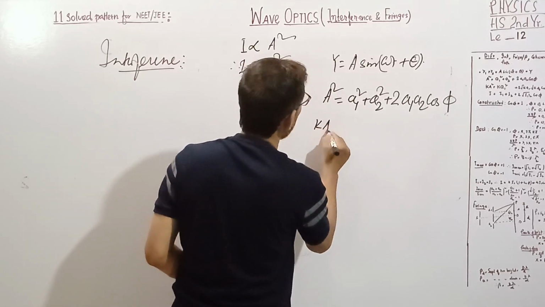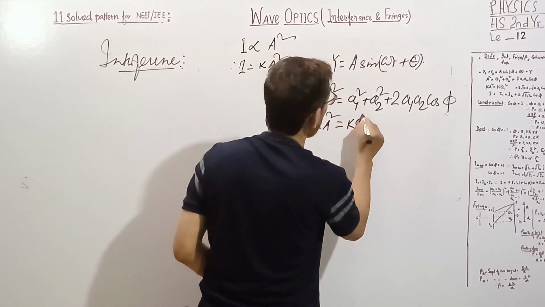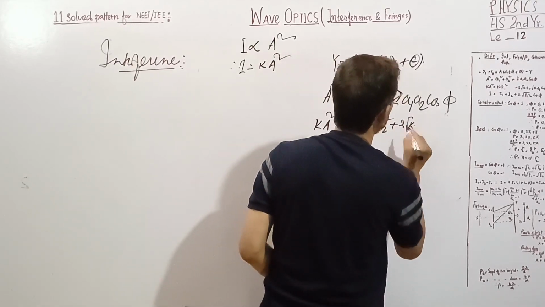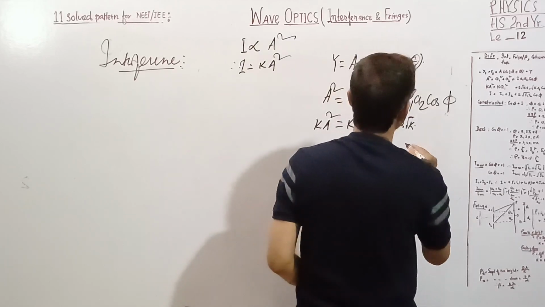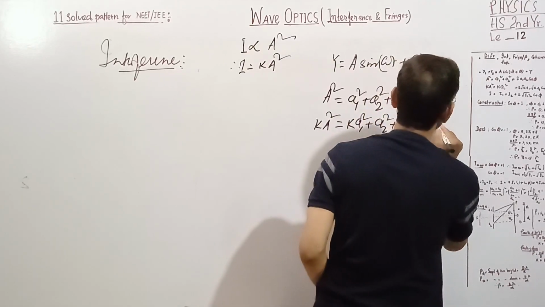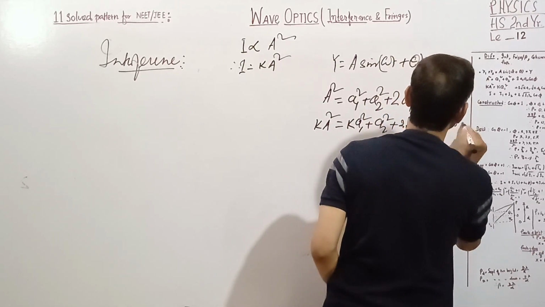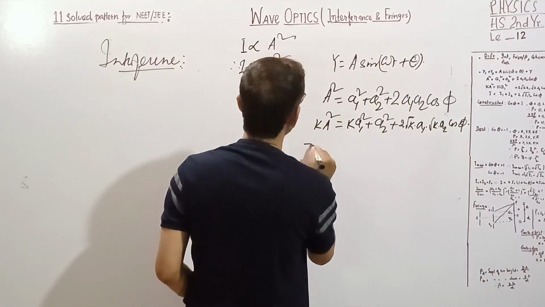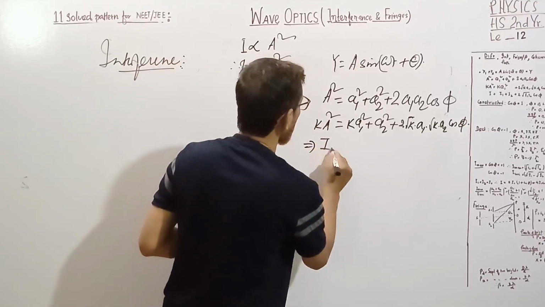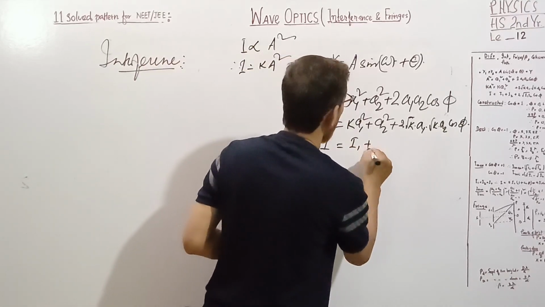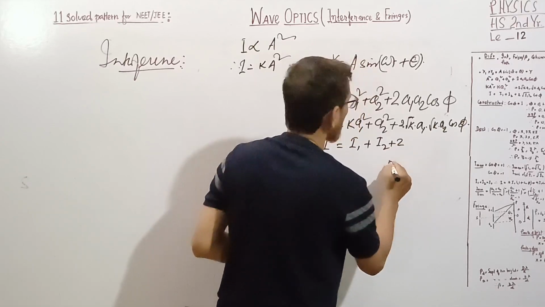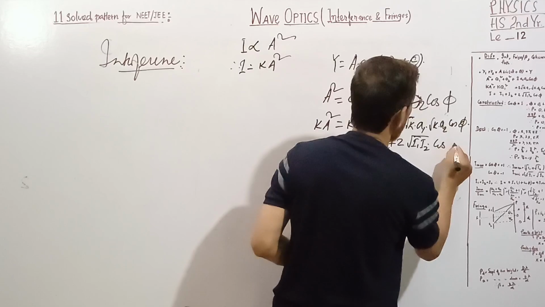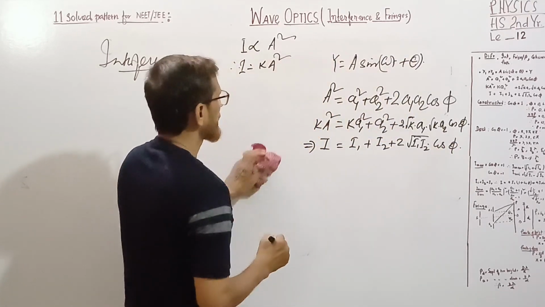So if you multiply all through by k, we can write I is equal to I1 plus I2 plus twice root I1 I2 cos phi.